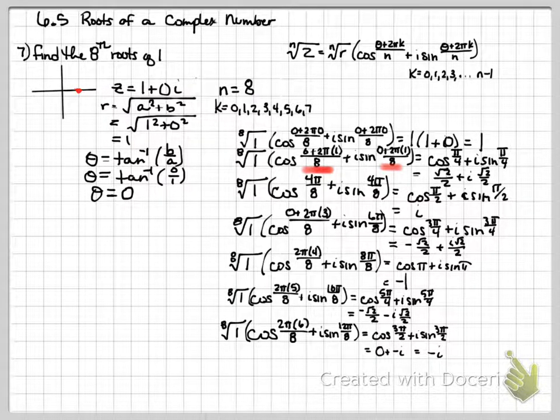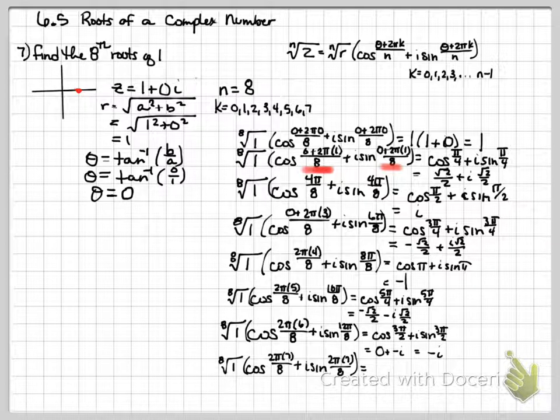Okay, last one. Alright, so we need the 8th root of 1, and we're on that last one. So 2 pi times 7 over 8 plus I sine of 2 pi times 7 over 8. And that's going to give me, 2 pi times 7 is 14 pi over 8.